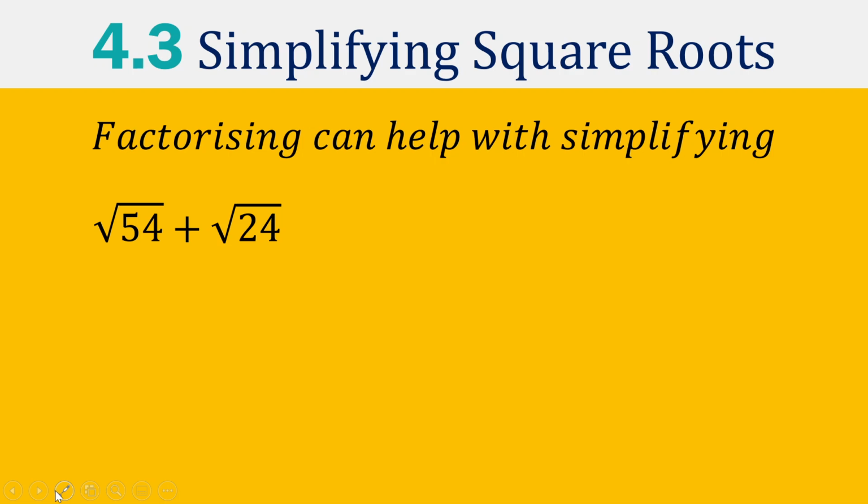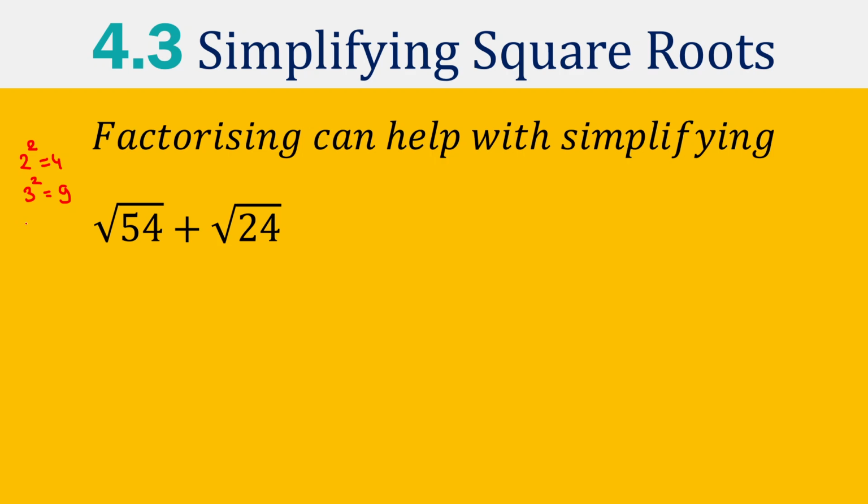So in that case, I have to take a look at the roots, right? So here I could take a look at 2 squared equals 4, but I cannot do 4 times something is 54. If I take a look at the next one, 3 squared is 9. Hey, I can write this as 9 times something, right?